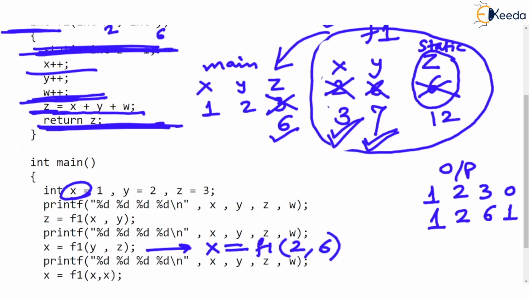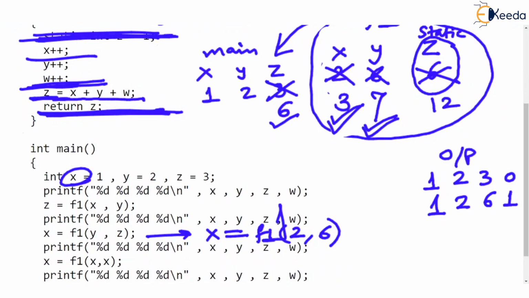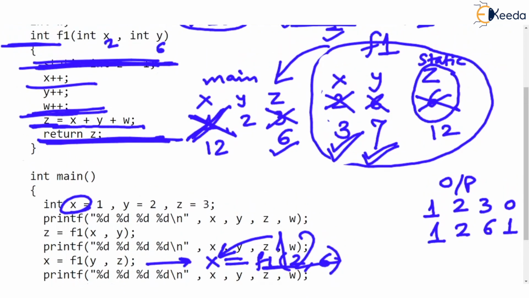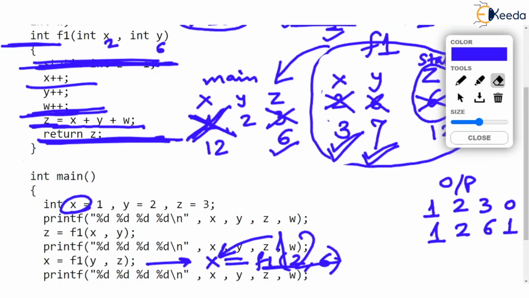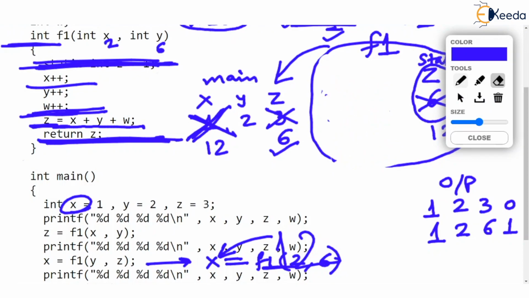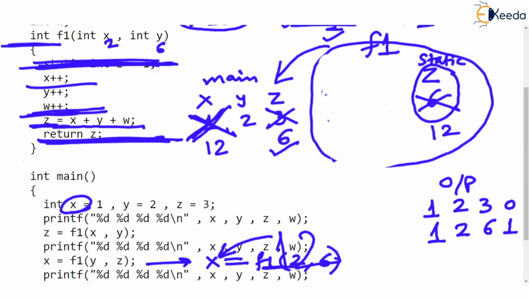So we are returning 12. And obviously 12 will return back in main at the call and 12 will go in X. So here X is getting changed to 12 in main. And of course the function is over. When the function is over, we know that the local parameters X and Y are deleted, but static has to stay, isn't it? This Z has to stay here with the value 12.